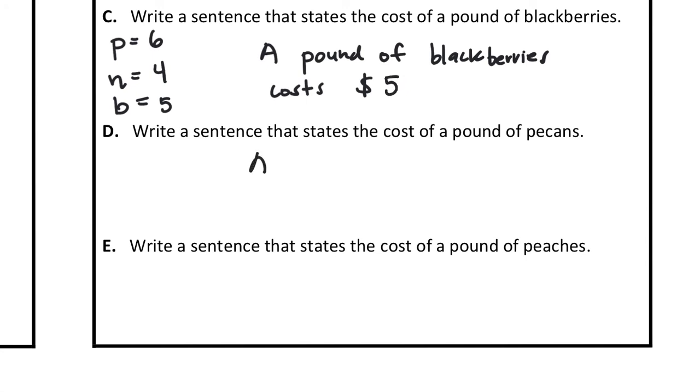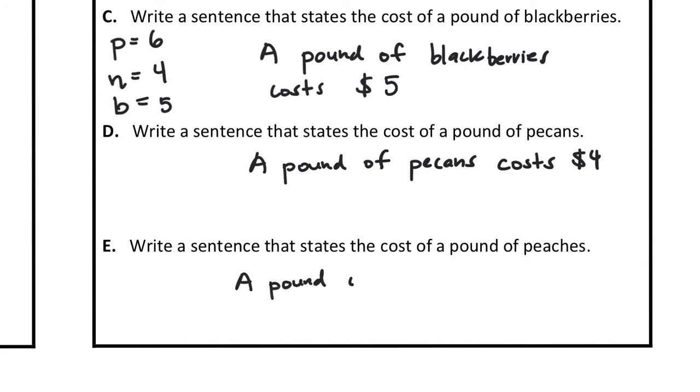The next one, a pound of pecans costs $4, and a pound of peaches costs $6.